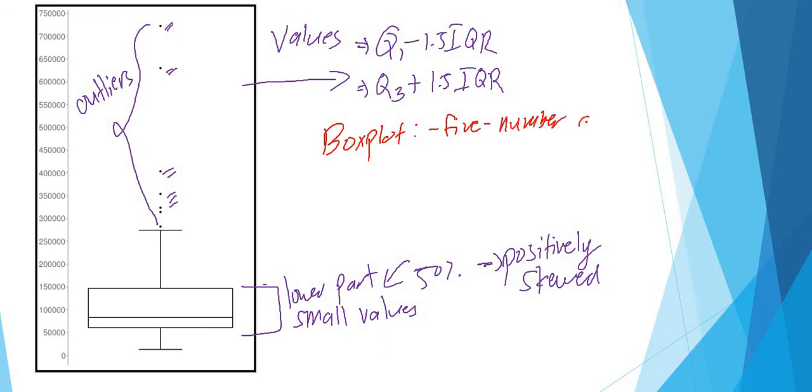We can also get the shape or the skewness of our distribution. And if there are, the box plot can also give the outliers, because there are box plots that show outliers, and there are box plots that do not show outliers. So let's try to analyze more box plots in the next video.